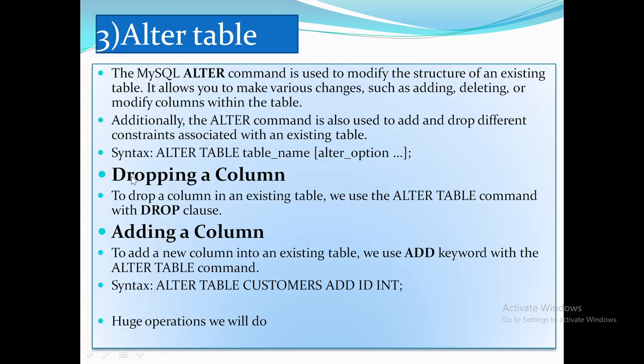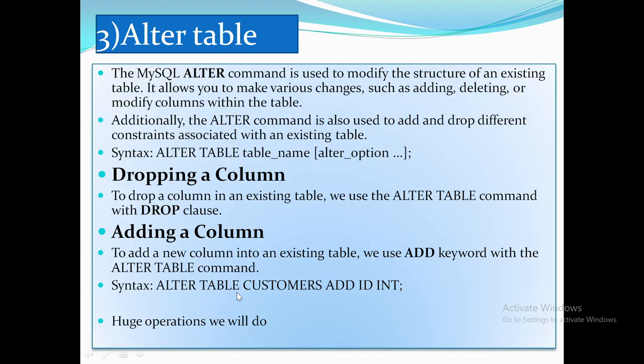The syntax is alter table, table name, then add or delete something. Add, for example, add id int. For dropping a column, you have to use drop. Drop means delete. Add or delete or modify. For adding a column, it looks like this.